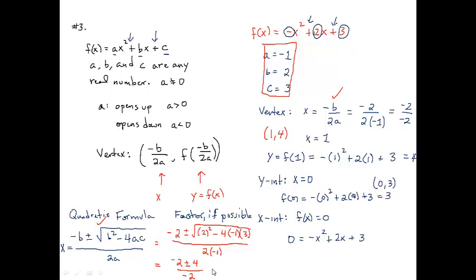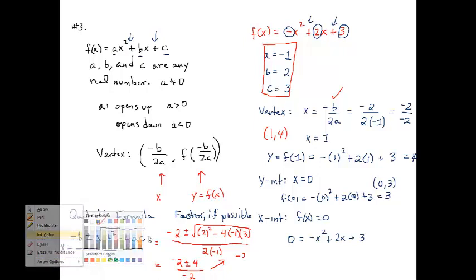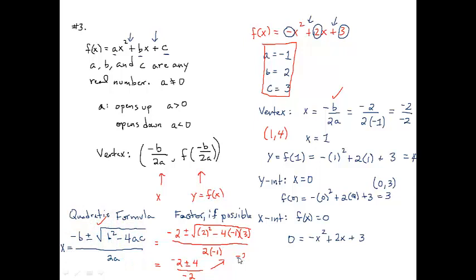The square root of 16 is 4, divided by negative 2. Now, again, you have two answers here. You have negative 2 plus 4 divided by negative 2, and you also have negative 2 minus 4 divided by negative 2.